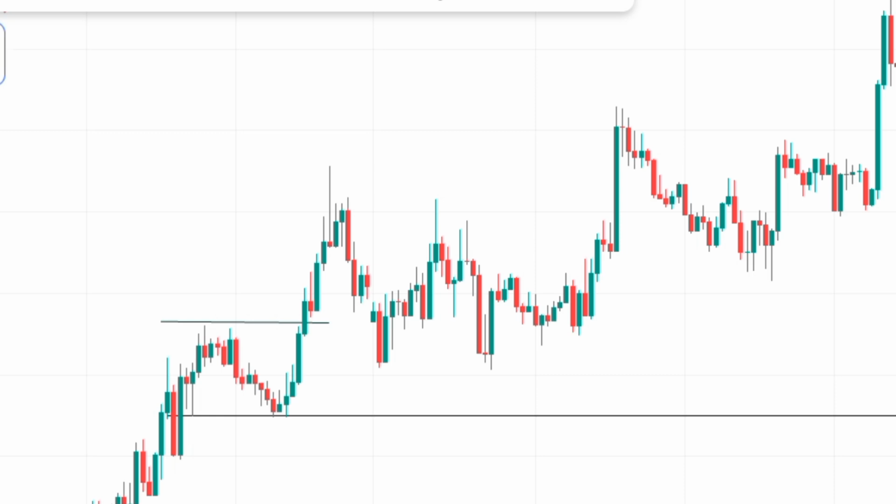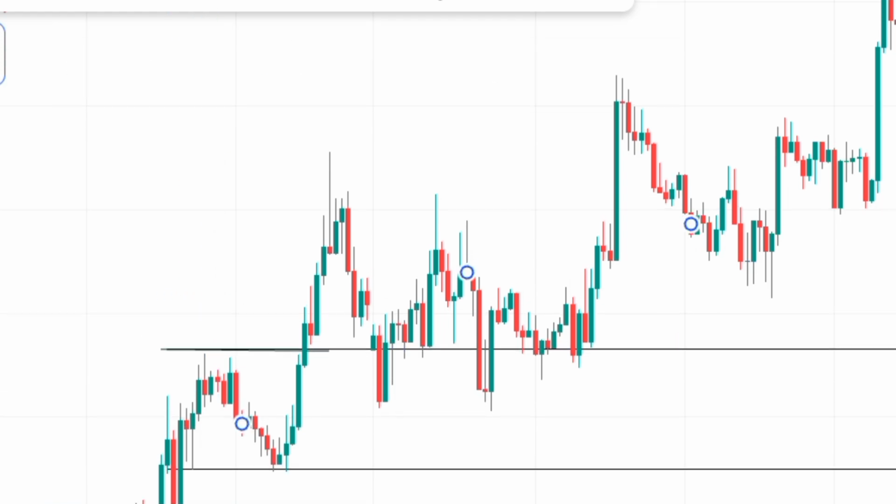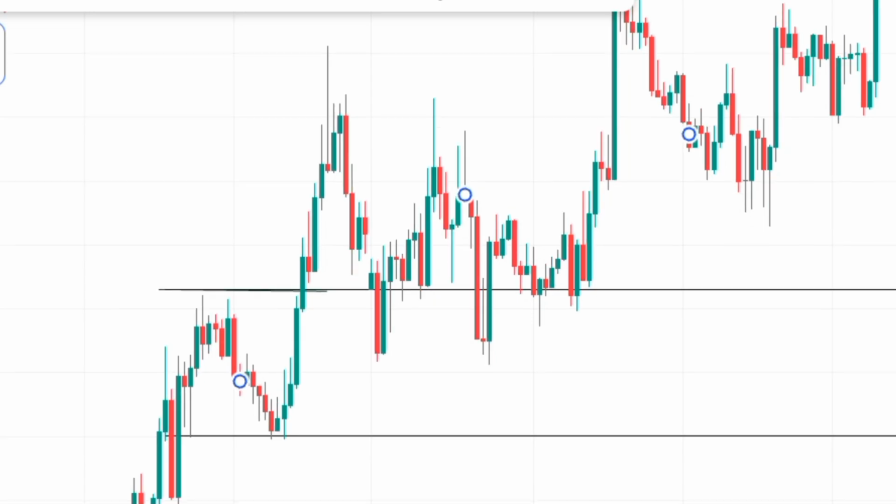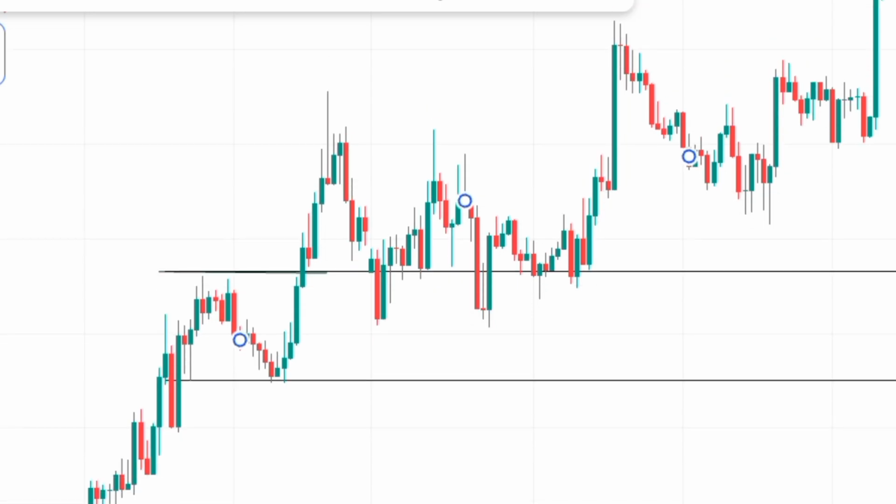And you will see that your discount will actually be below our 50 fib level. When the market comes below this line, of course, it will be in our discount level, right? You'll see that it came below that, and when it came below that, we always look for some confirmations.